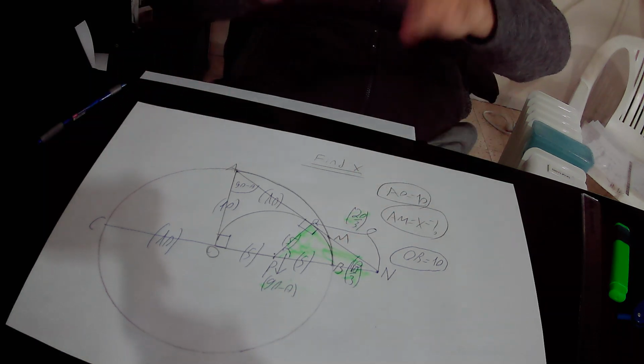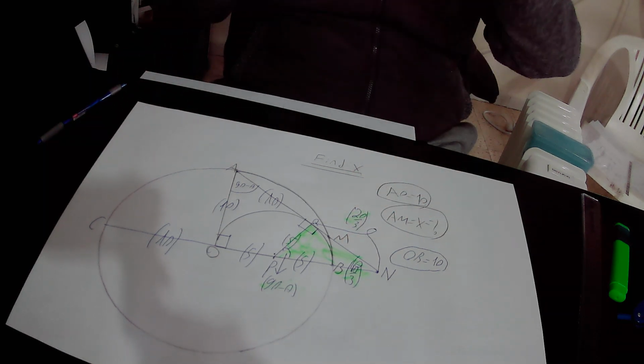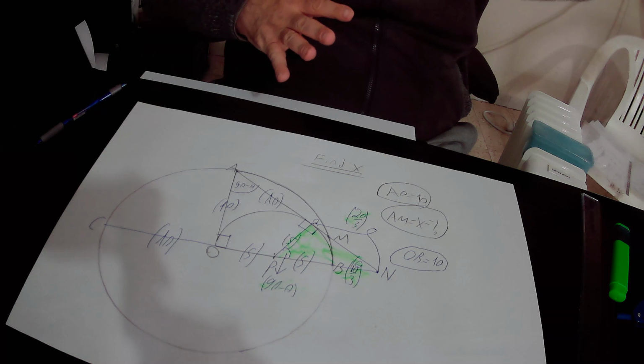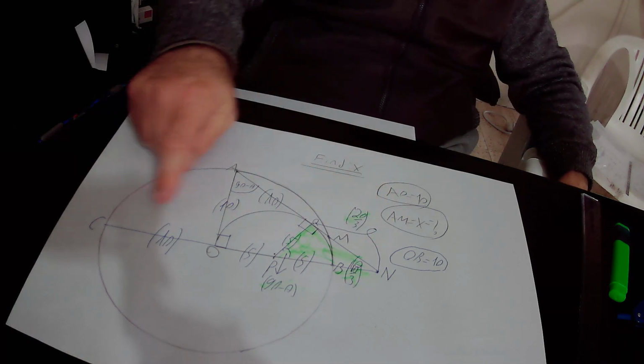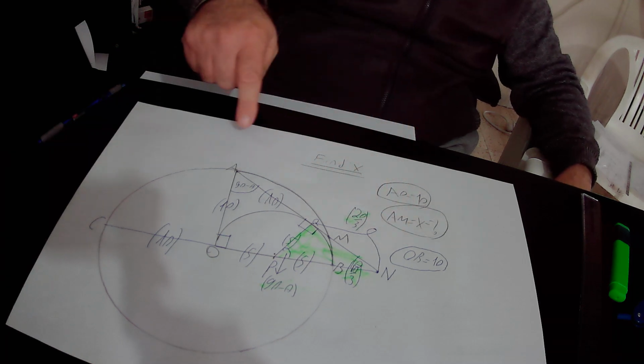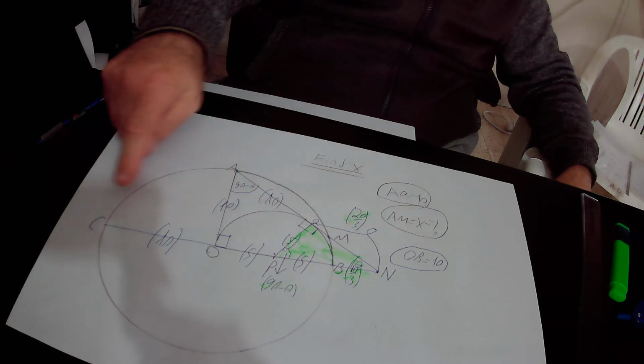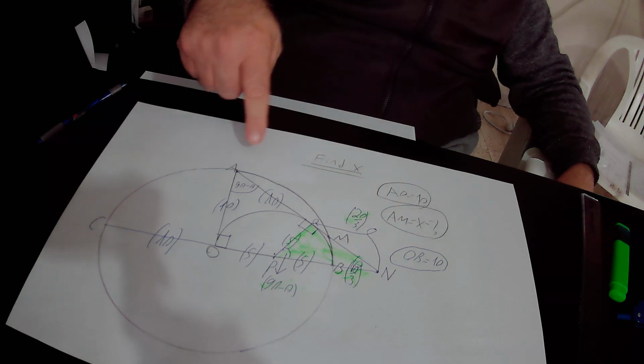So all the requirements of rule number 14 are met, and therefore we can implement rule number 14 here. According to rule number 14, NB times NC equals NM times NA. Again, NB times NC equals NM times NA.